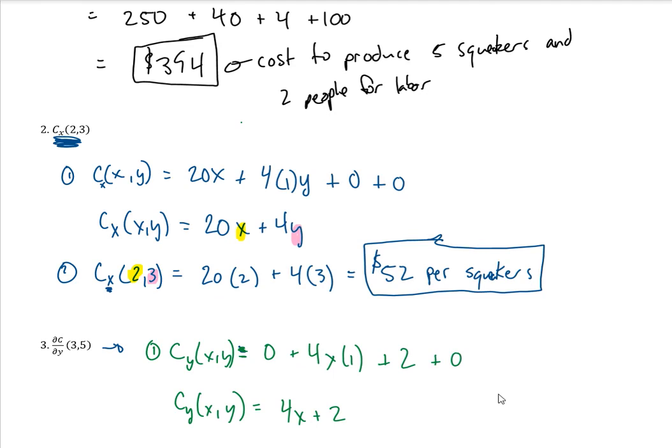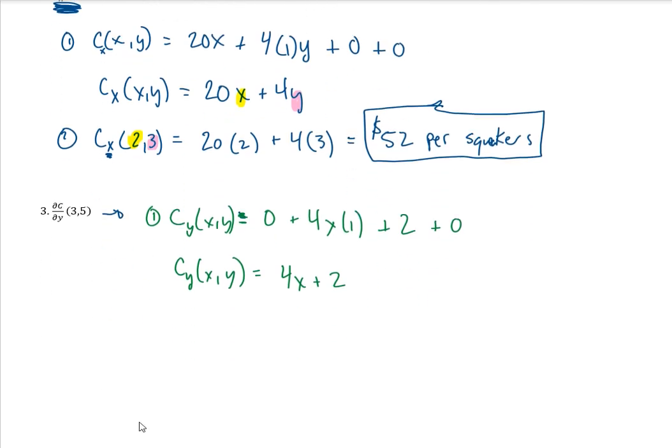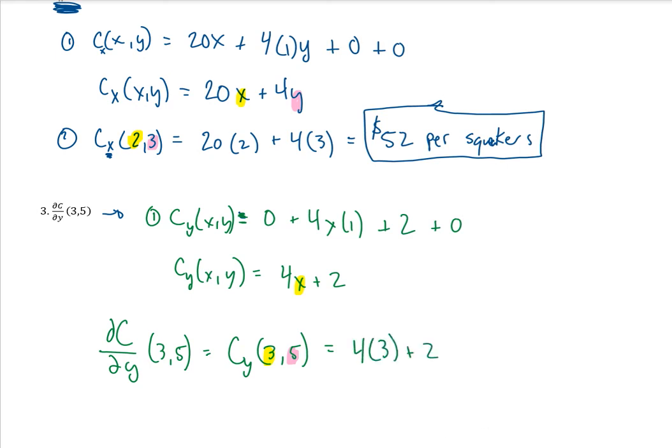To evaluate what they want, I'm going to write del c del y of 3 comma 5, which is the same as our partial derivative with respect to y at 3 comma 5. I'm going to plug in the x-coordinate right there, and there is nowhere to put the y-coordinate, but that's okay. So we'll plug it in as 4 times 3 plus 2, which simplifies to give us $14.